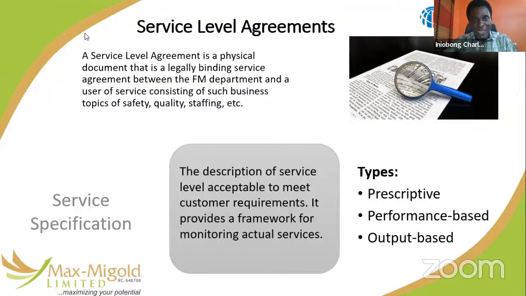Prescriptive SLA is very different. Here, the client is not interested in the outcome. The client is not interested in the building you want to de-roof or roof. What it is interested in is the procedures, the processes that you need to follow, the things that you need to put in place.